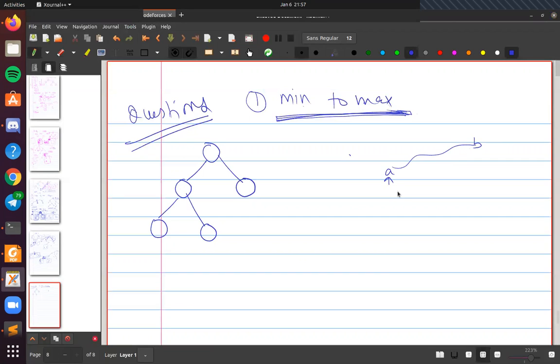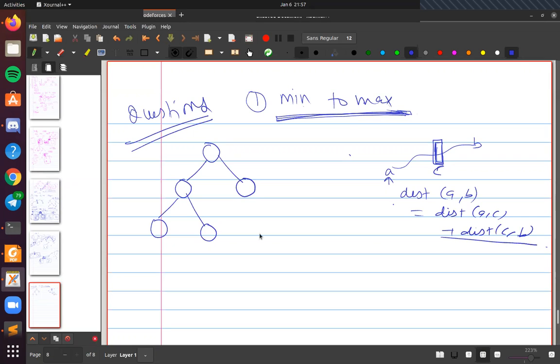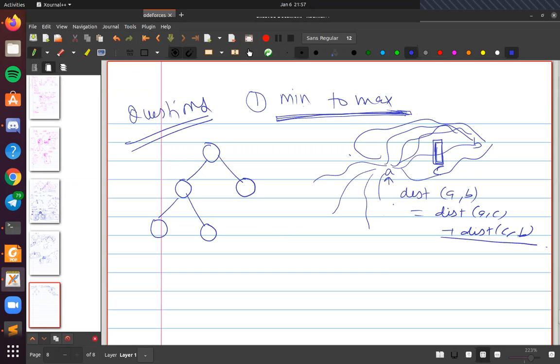Let it be B. Then from the path property which I have discussed, there must be some LCA C present between A and B, and the distance from A to B will be equal to the distance from A to C plus the distance from C to B. So for all the paths from A to B, or from A to any node, there will be some LCA present between them, right?